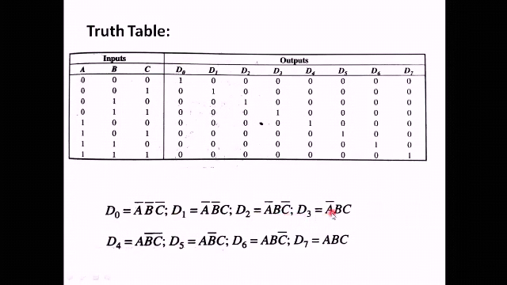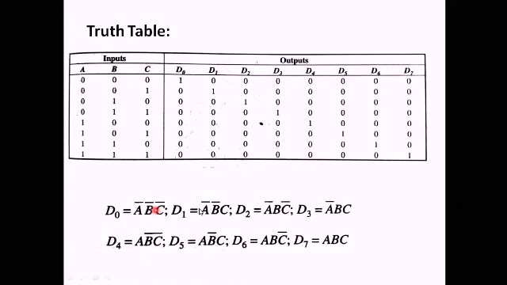D3 is equal to A bar, B, C. D4 is equal to A, B bar, C bar. D5 is equal to A, B bar, C. D6 is equal to A, B, C bar. And D7 is equal to A, B, C. Like this. 7 means 1, 1, 1. So it is A, B and C. So it is going on like this.